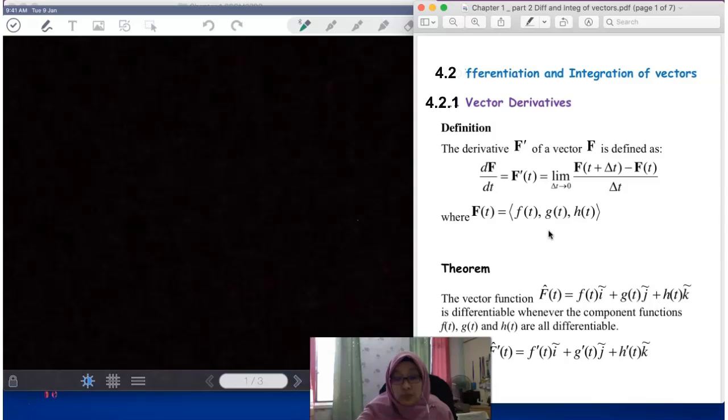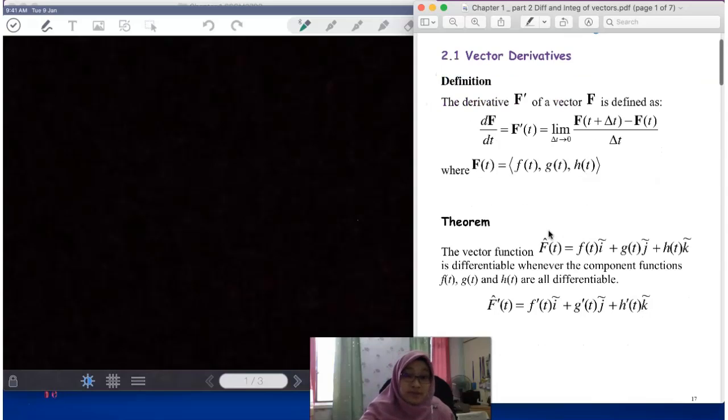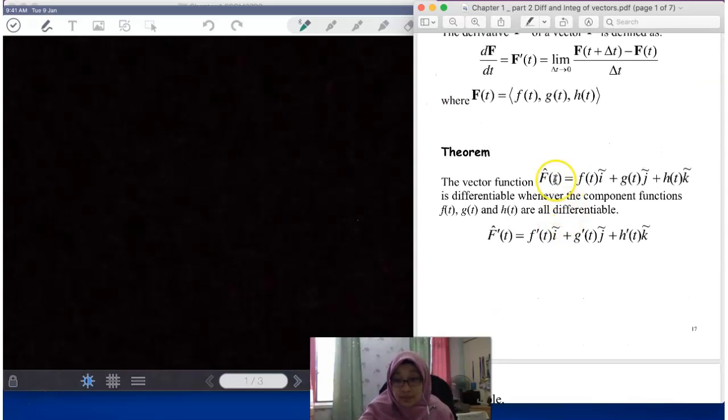So if you want to differentiate that vector function with respect to t, the components also follow through, which means you differentiate f with respect to t, then differentiate g with respect to t, and differentiate h with respect to t.